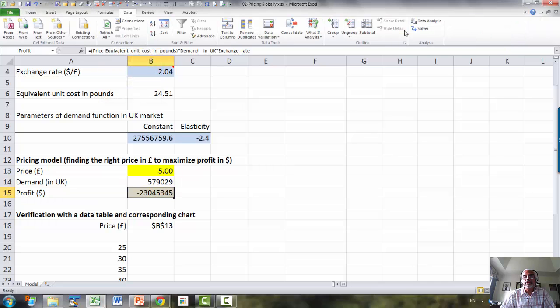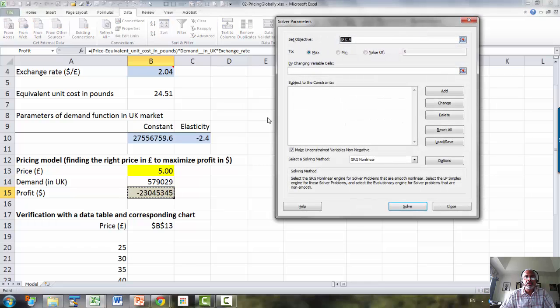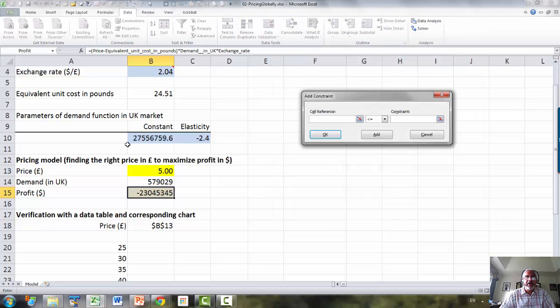So now let's use solver. Okay, we want to solve for profit maximization. By changing cell is price, and we want that price to be greater than or equal to cost equivalent in pounds.